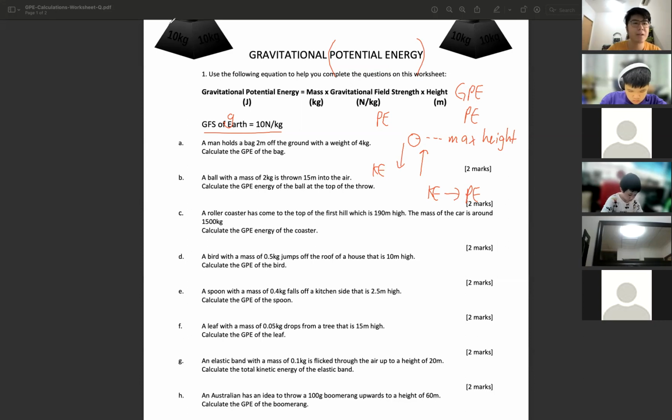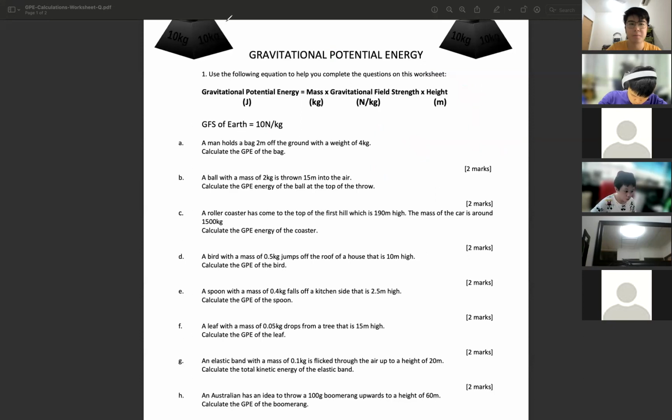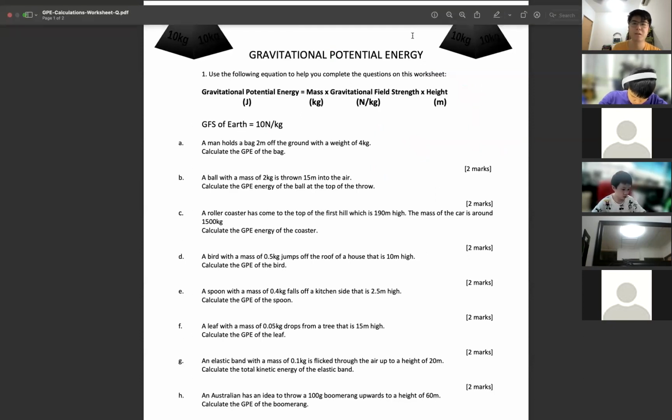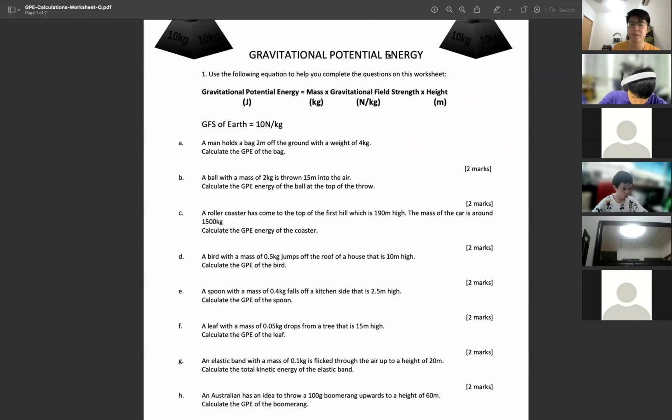Okay, now for the rest, for question 8, if you're not sure, look here. We look at 2 stages, when the object leaves the rubber band.